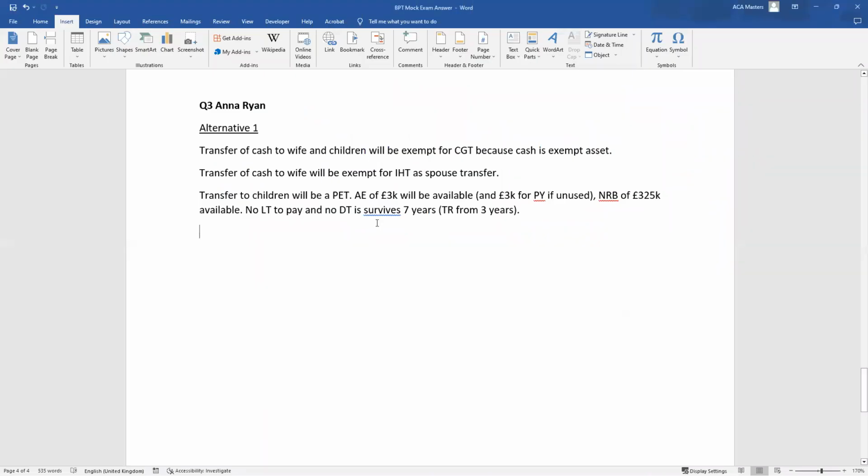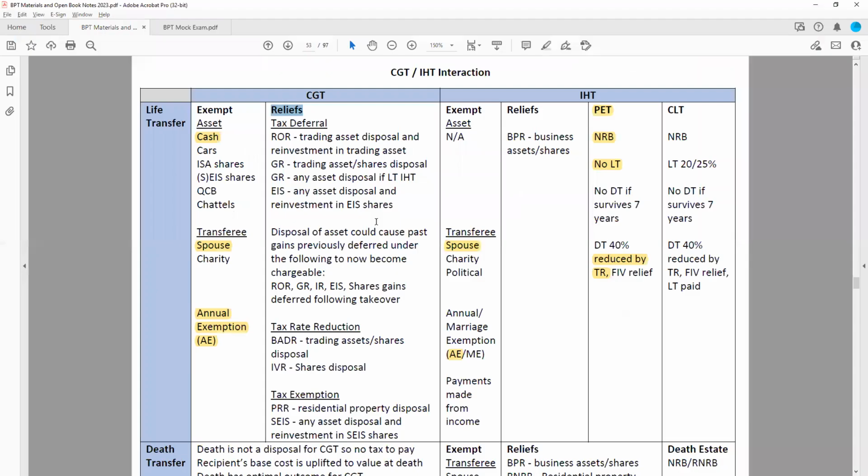So we could start off first of all. So we could say transfer of residential property to Limited Co will give rise to a chargeable gain subject to CGT. Are there any reliefs available?